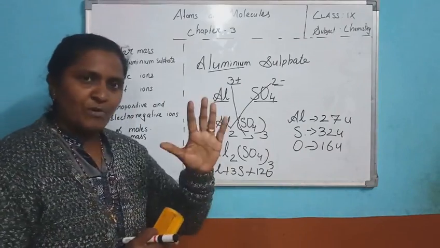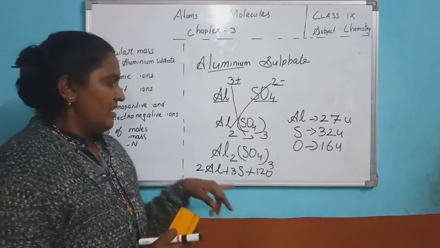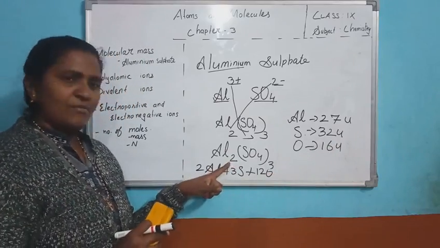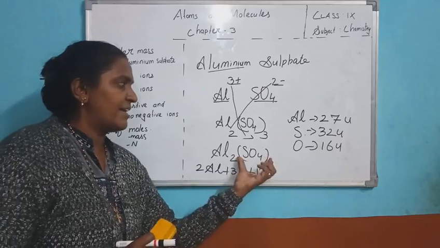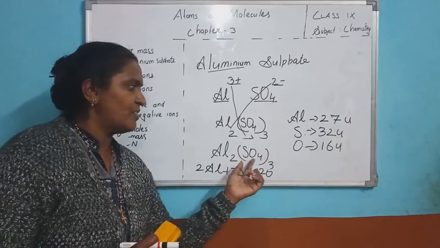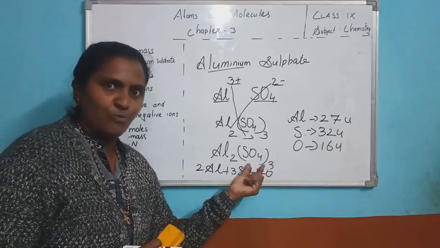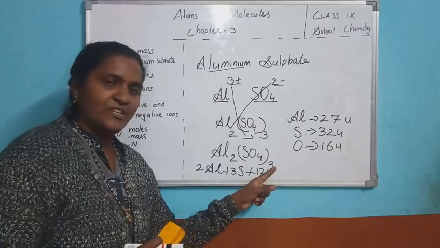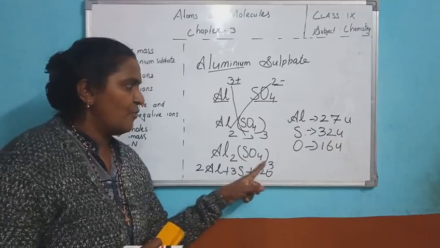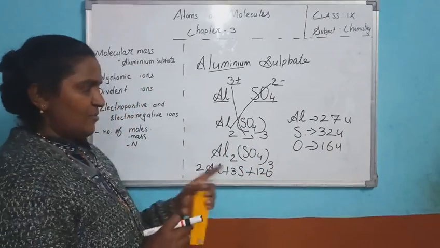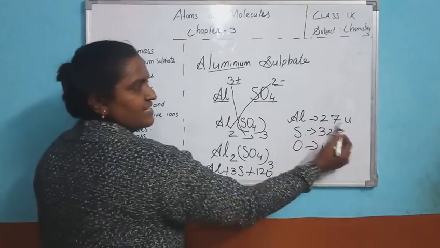Most probably these values will be given in the exam. Understood? How many aluminium atoms are there in this compound? 2 aluminium. And for sulfur, this bracket is common for both elements, so the 3 is common for both. So you will have 3 sulfur and oxygen: how many atoms of oxygen? 4 threes are 12, so 12 oxygen. Now each element has its own mass, given here.